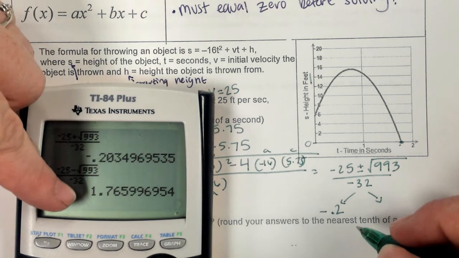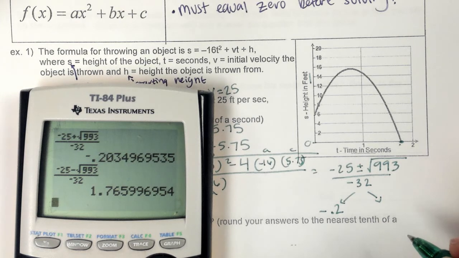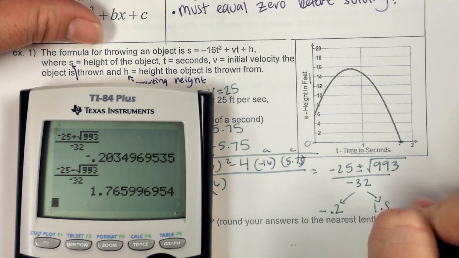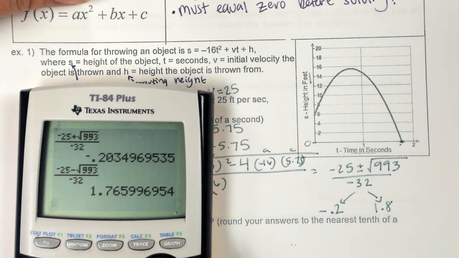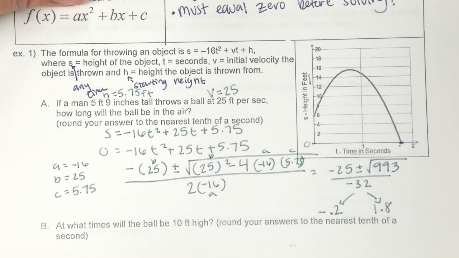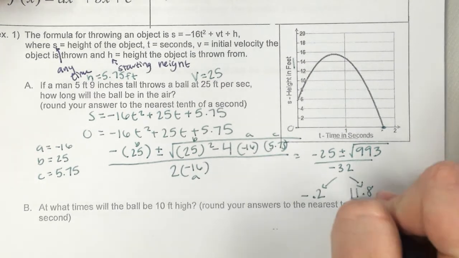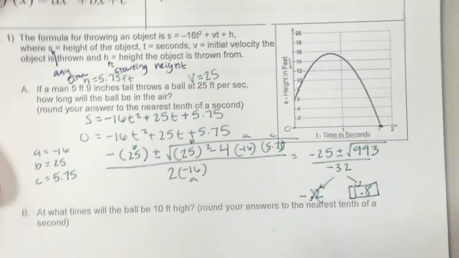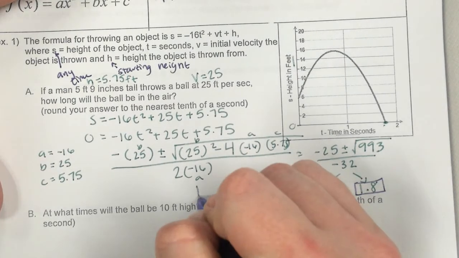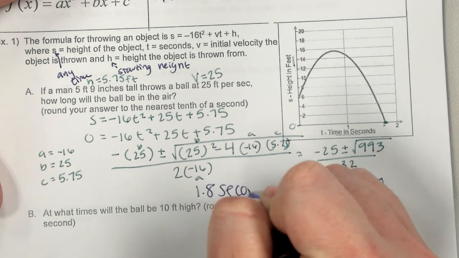Well, what's 1.76 rounded? 1.8. Yeah, rounded to the nearest tenth place, not whole number. Now, which one of those makes sense and which one does not? 1.8 makes sense, but does negative 0.2? No. So remember, word problems get word answers, so we'd say 1.8 seconds.